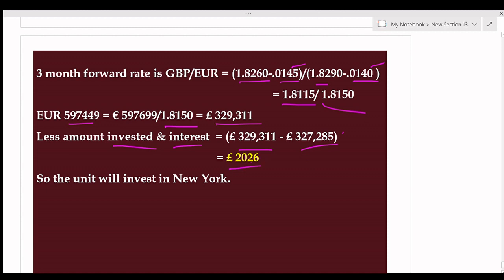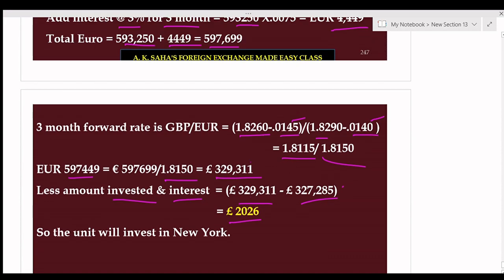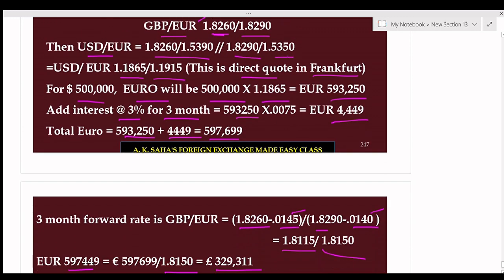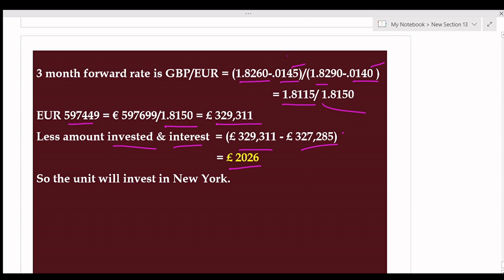So the return is highest in New York, in USA, that is 3,231, while in Frankfurt it is 2026. So the bank will invest in New York.